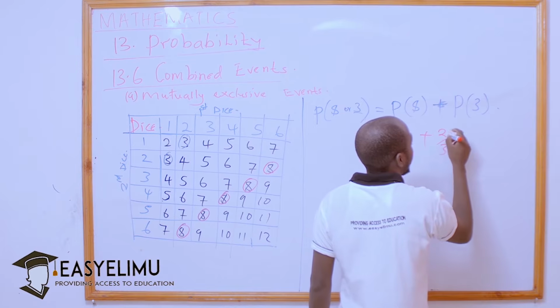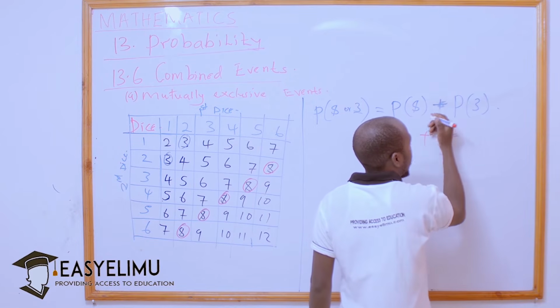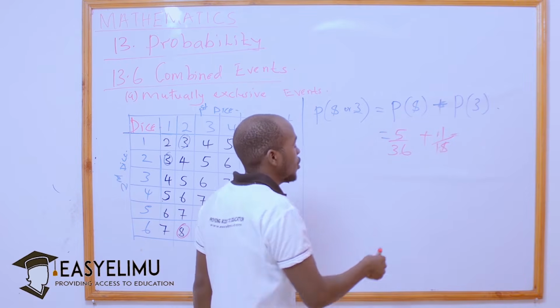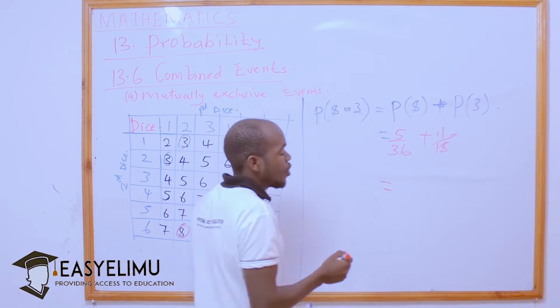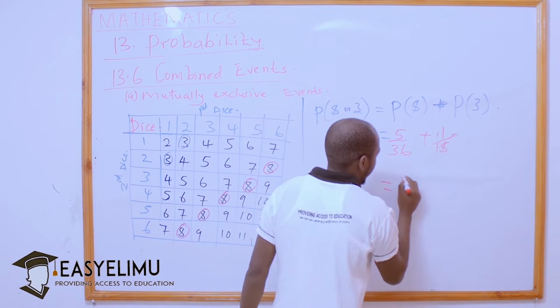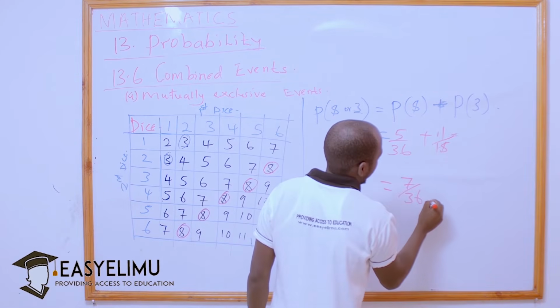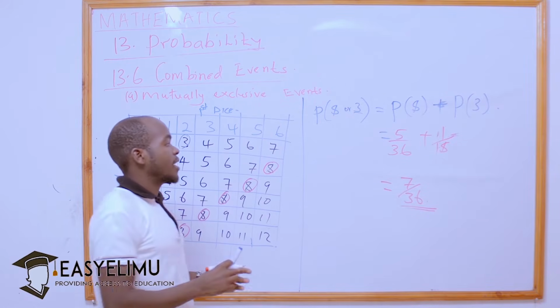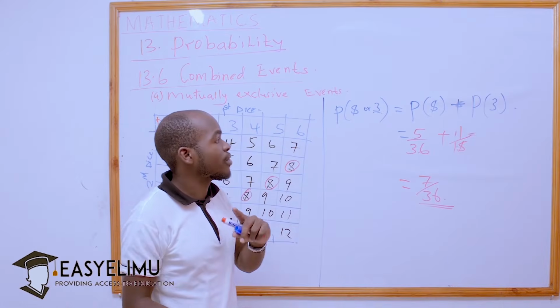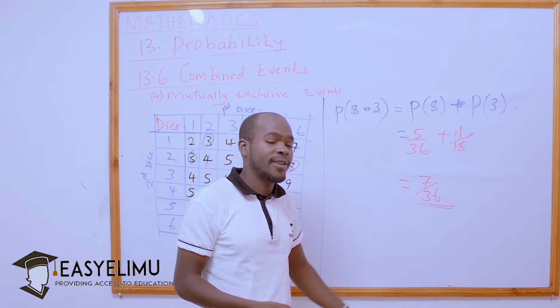If you simplify this further, it's going to give you 1 over 18. So if you add that, you are going to have 7 over 36. The probability of finding 8 or 3 we have found is 7 over 36.